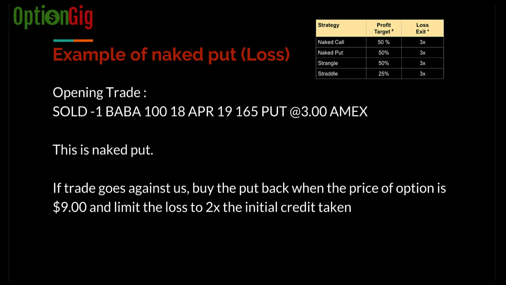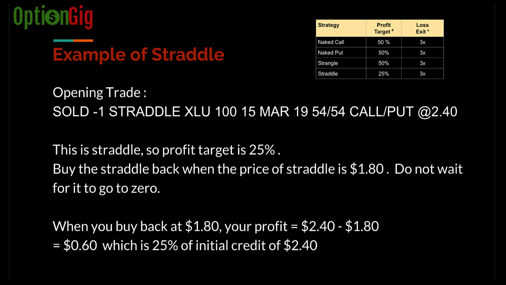That means you are limiting your loss to twice the initial credit received. Your initial credit was $3. You bought back the put at $9, which means your loss is $600, twice the initial credit received.